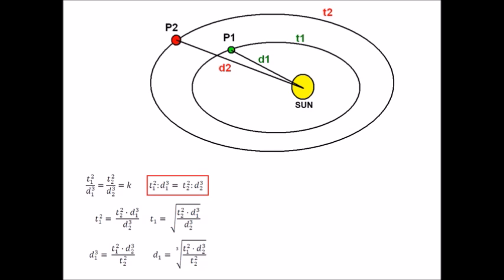That means that if we see two planets, P1 and P2, the ratio of the period T1 squared and its distance to the Sun cubed, for planet 1, is equal to the period of planet 2 squared over the distance cubed of planet 2.